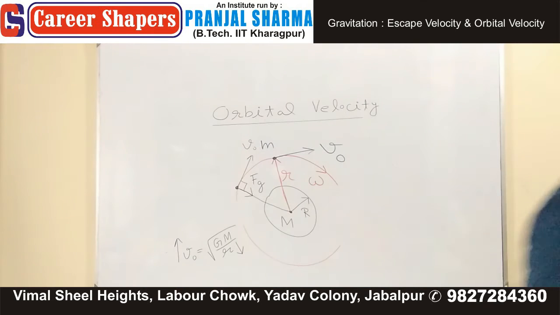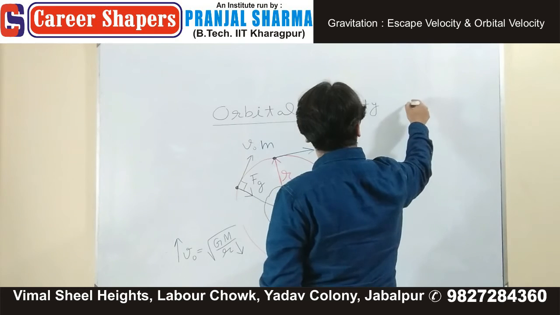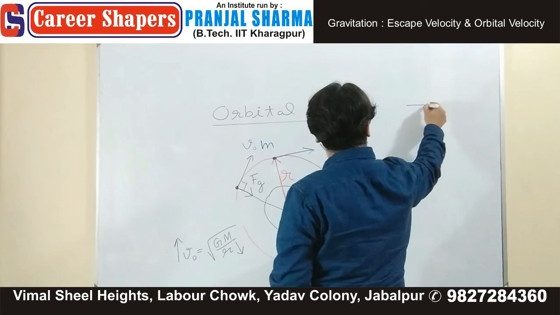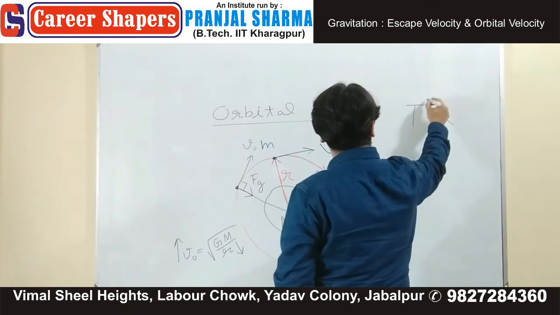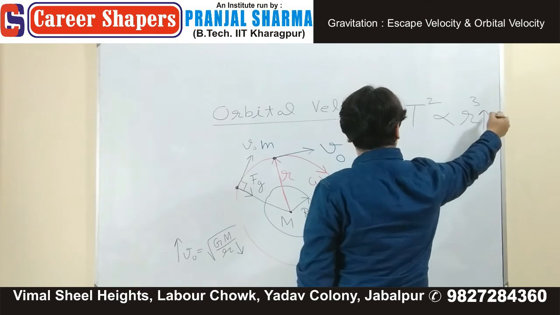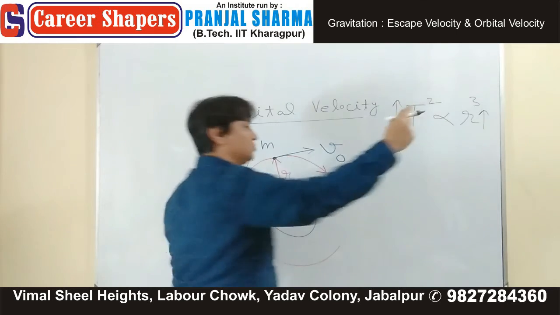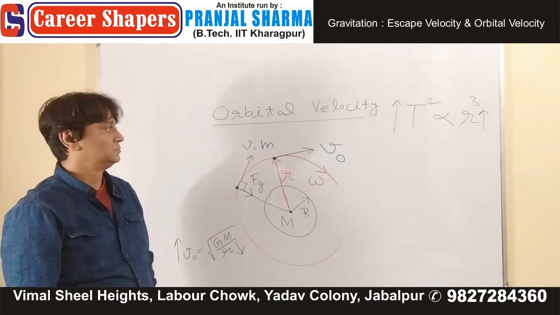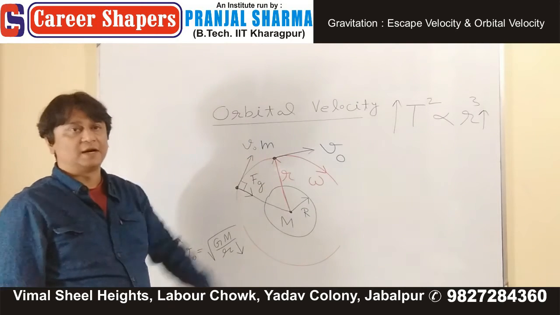Which one is going to take longer to complete one rotation? Further you are away from the Sun, longer it will take you to complete one rotation. And therefore, the answer for the second part is Saturn.